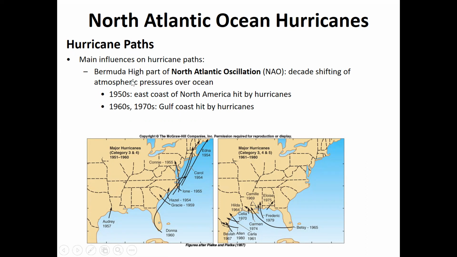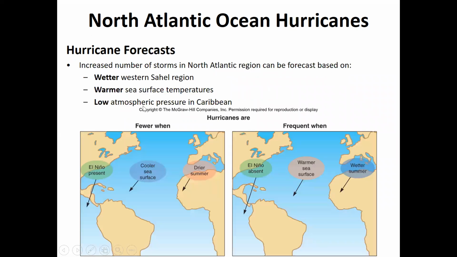That shows you the North Atlantic Oscillation, the Bermuda High, was in one state in the 1950s and a different state in the 60s and 70s. It was strong but still to the north in the 50s, and positioned further south in the 60s and 70s, steering the hurricanes into the Gulf.